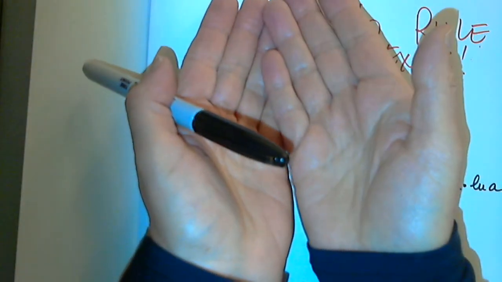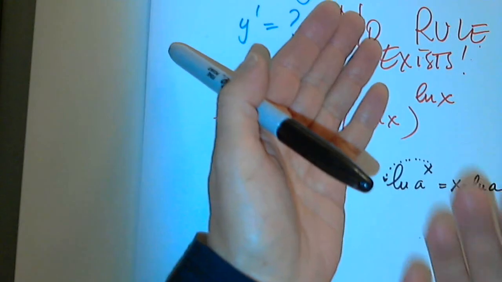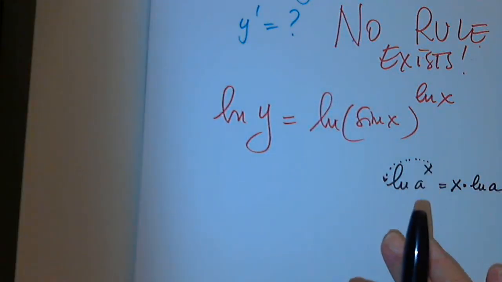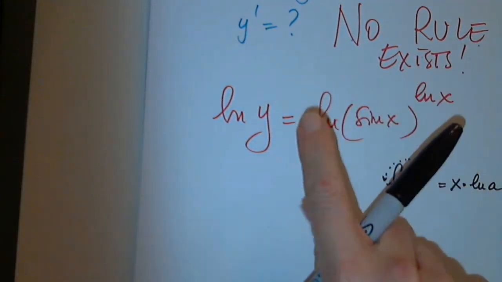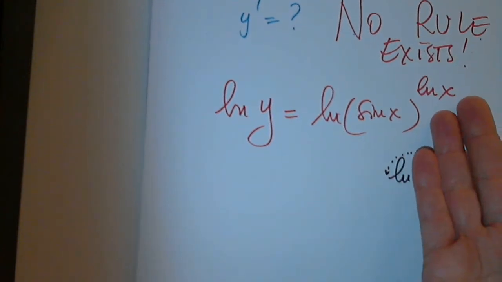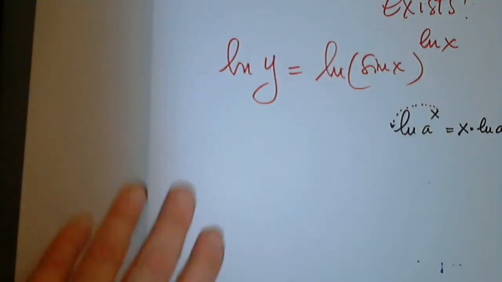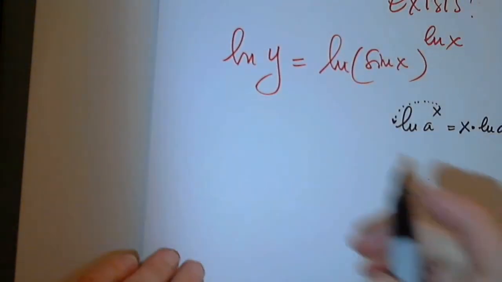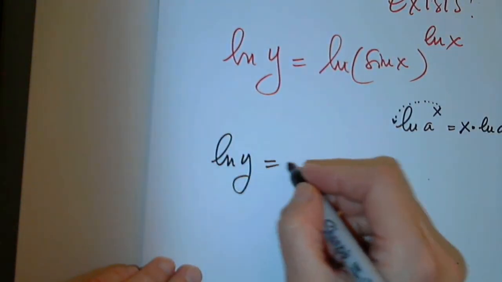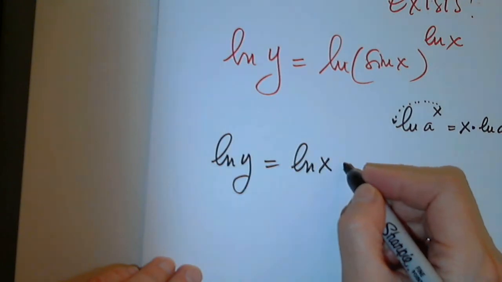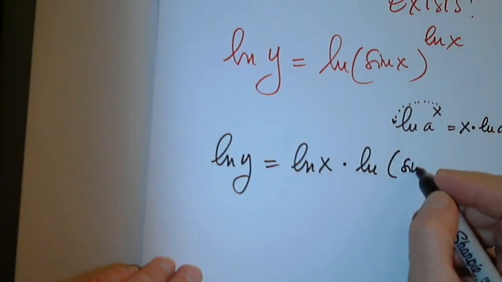The left-hand side equals the right-hand side. I applied natural log here, and I have to apply natural log to the other side. So I will bring the power in front of natural log. It happens to be natural log, but it's a power that I bring in front as a factor. So now the new equation is natural log y equals natural log x multiplied by natural log of sine x.